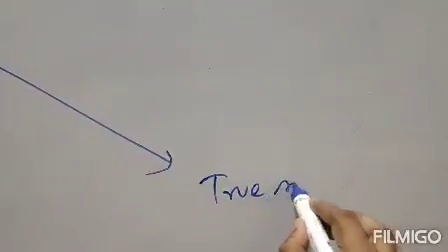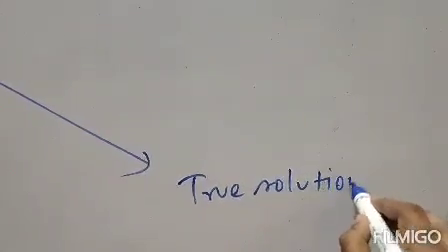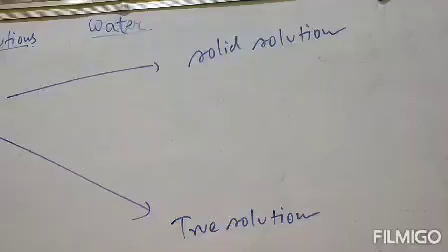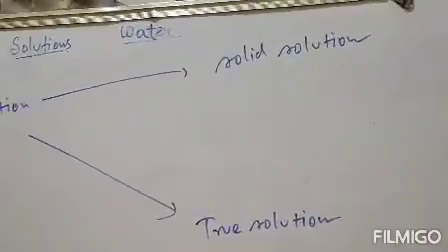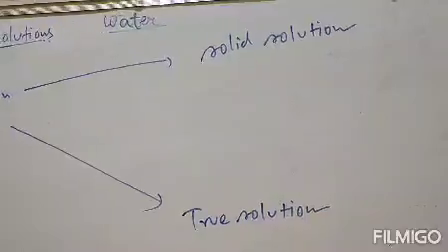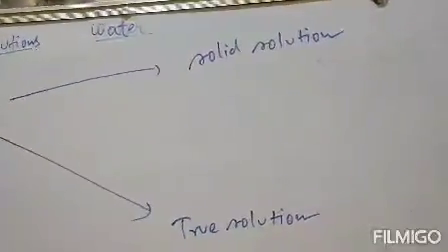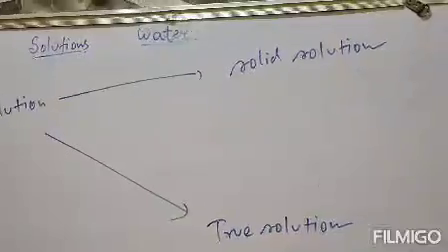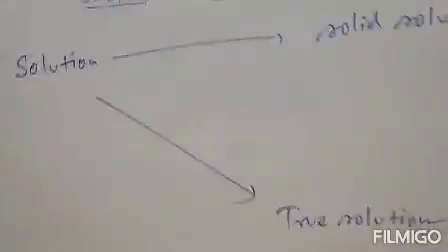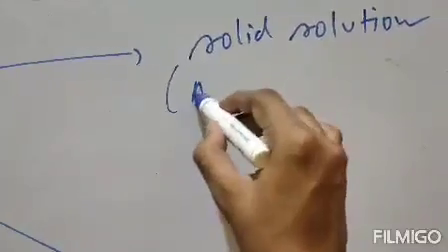Number 1 will be solid solution and number 2 will be true solution. Clear? Now solid solution is a homogeneous solution of a solid into another solid. That means if you are mixing a solid with another solid, then a homogeneous mixture is formed, which is termed as solid solution.